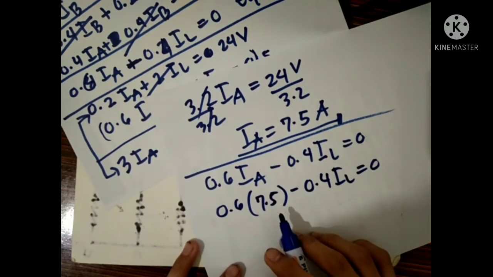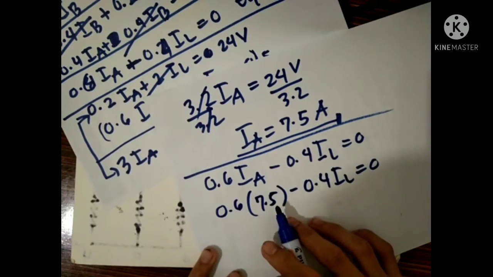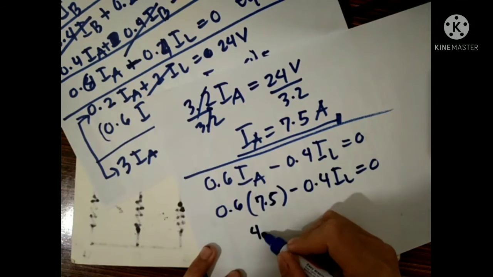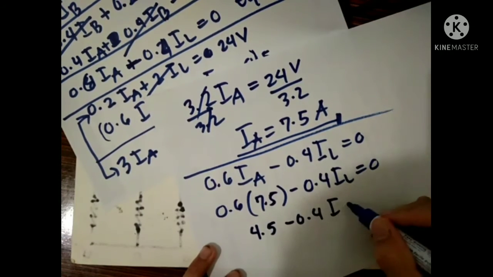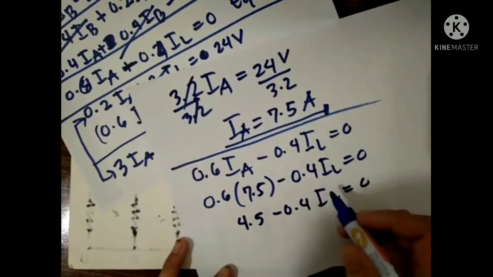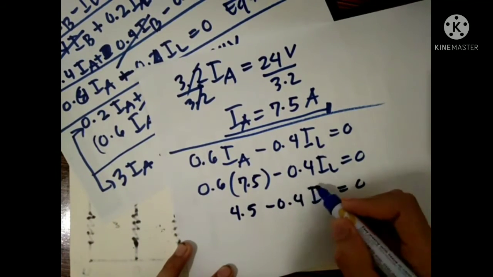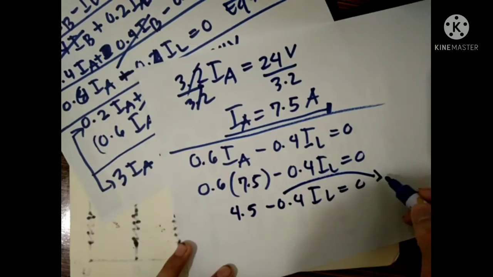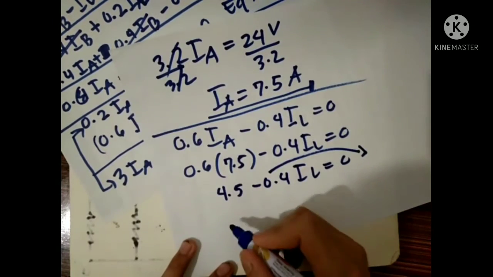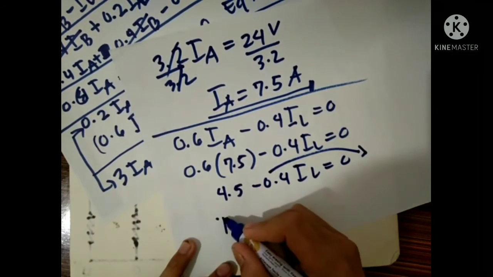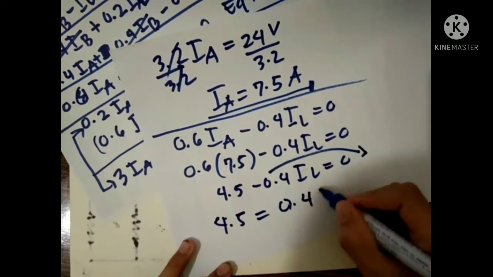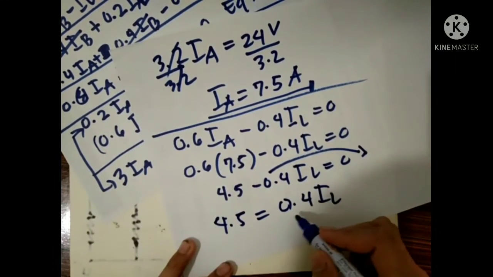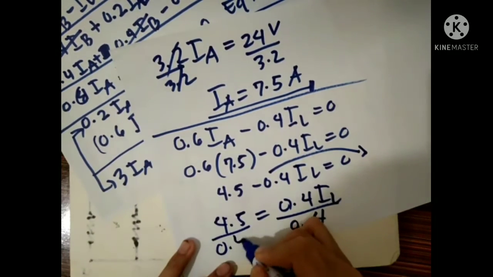So 0.6 multiplied by 7.5 is 4.5, minus 0.4 IL equals 0. So we can transpose this IL since it is negative. We can transpose here. So the value is 4.5 is equal to 0.4 IL. To cancel out the 0.4, we need to divide both sides by 0.4.